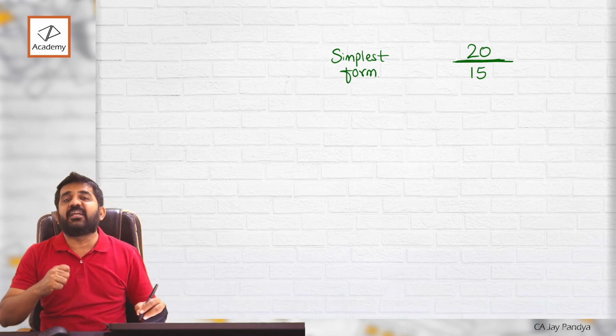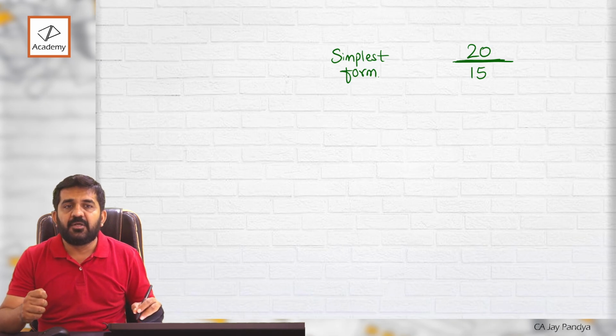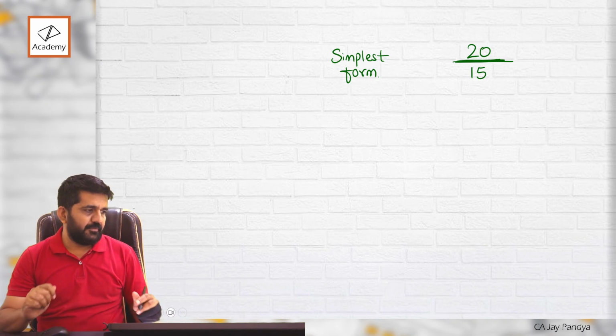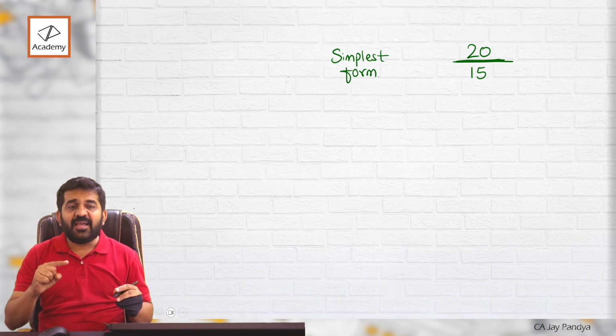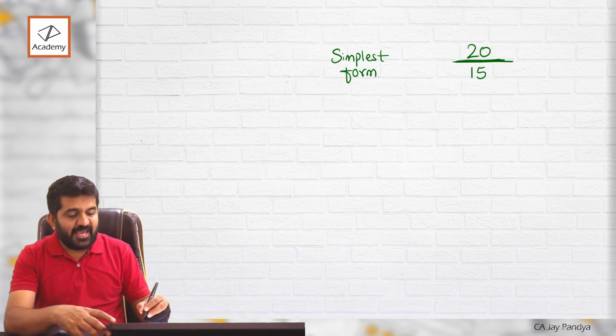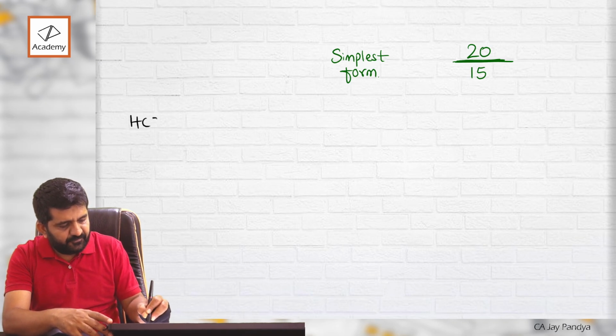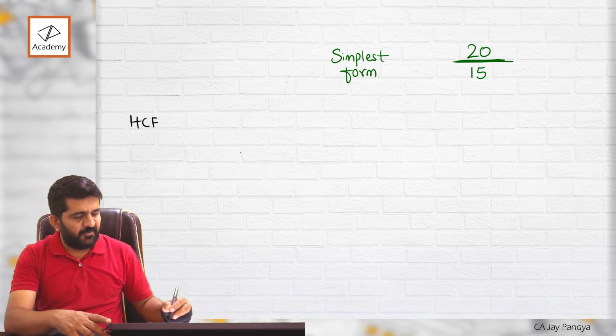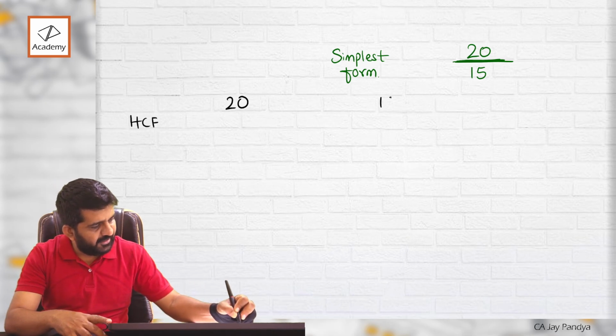Instead of 15, I want the lowest number possible. Right? I am first finding out HCF between 20 and 15.